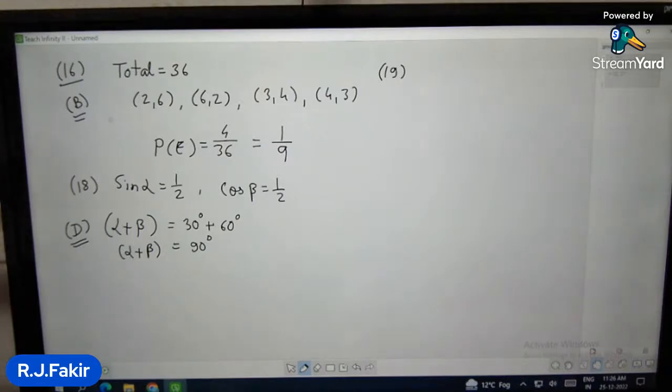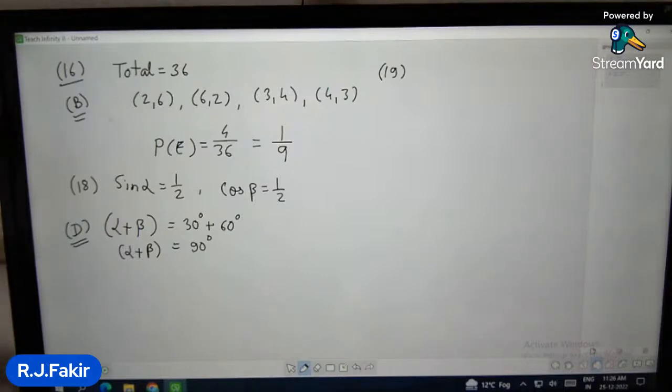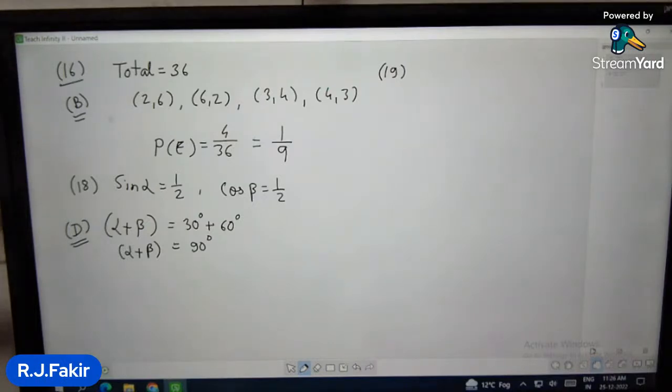So here we find in 19th that the product of the numbers is not equal to the HCF and LCM product. So assertion is wrong, but the reason is true. So we'll write here option D.